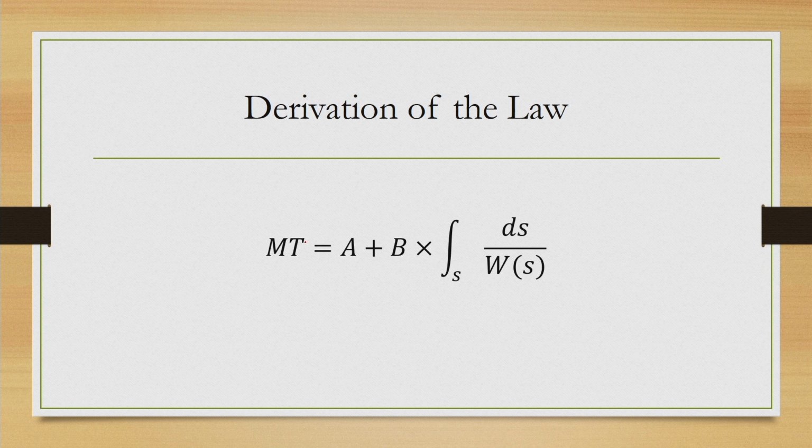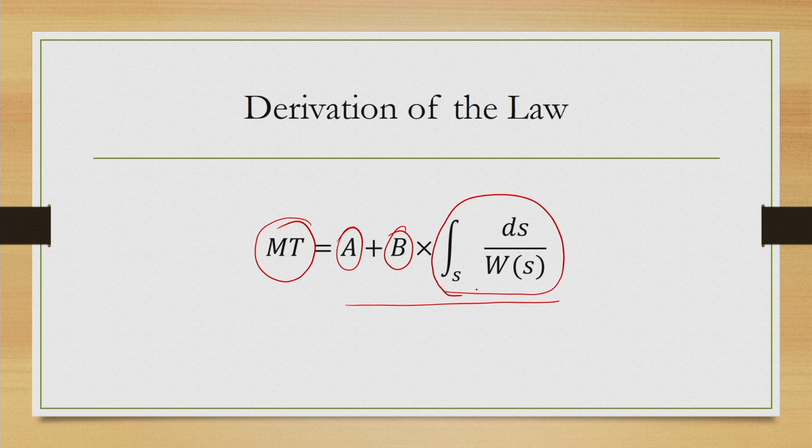So, we can simply have this expression for computing the total movement time to perform the constrained navigational tasks, where A and B are constants and this term is the index of difficulty as we have seen just before. Note that here the B includes the constant term after Taylor's expansion as well as some other constants. So, by the notion B we are referring to both the constants together.